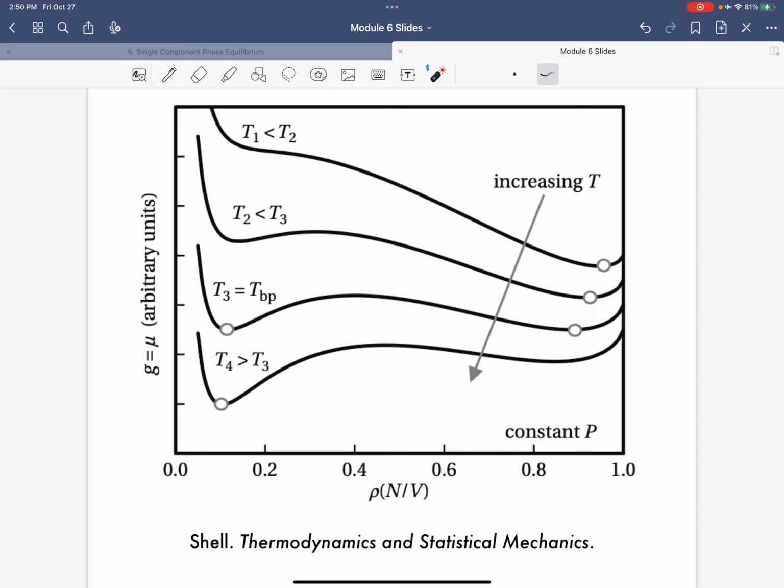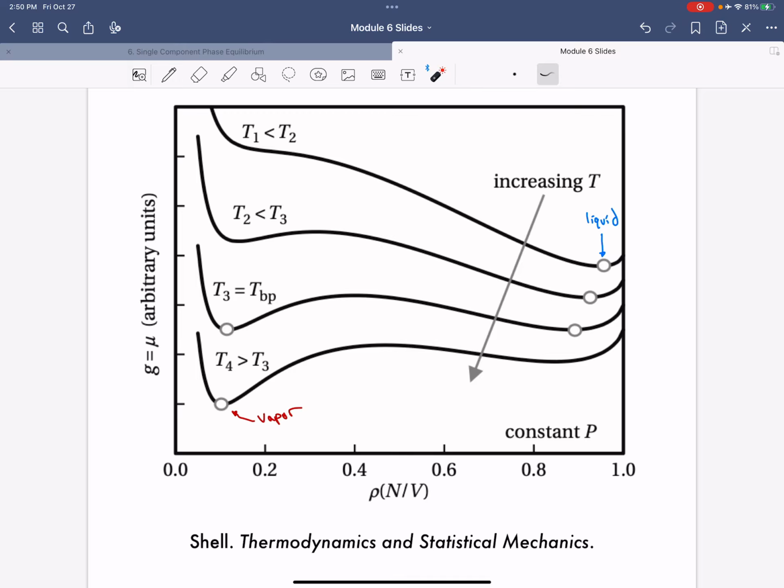And then if you keep going to higher temperatures, this minimum is lower than this one. And so we're always just going to be in that low density phase, or in other words, the vapor. And so just to indicate, this is the vapor phase, and then this is the liquid phase. Right? And so that's another way to visualize the phase transition using your molar Gibbs energy plot.